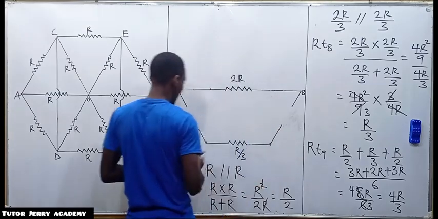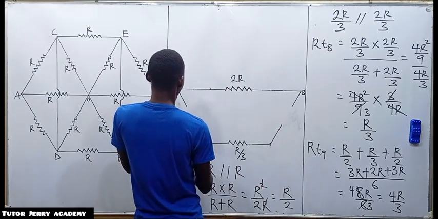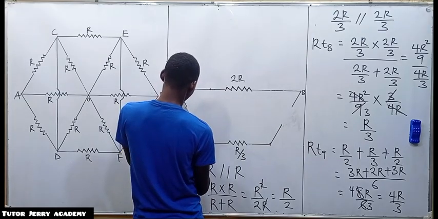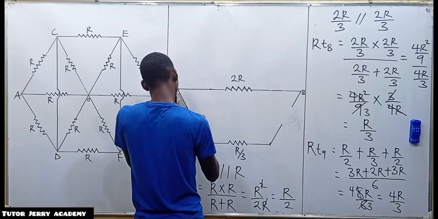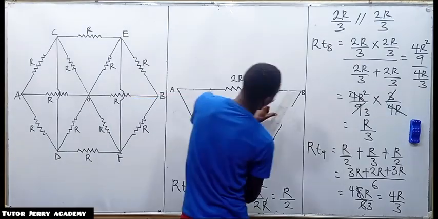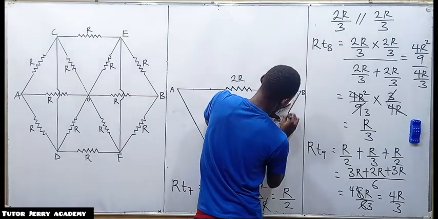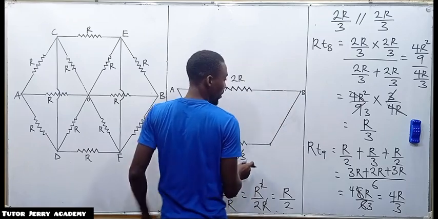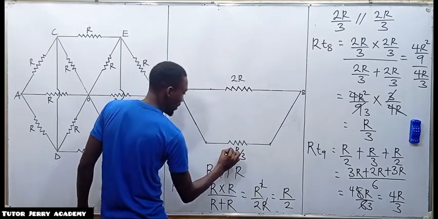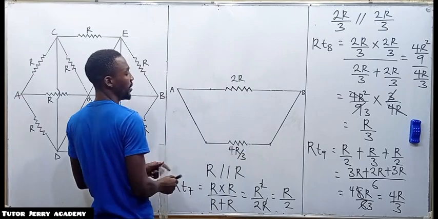All right, so that's it. So here we're going to have 4r over 3. So let's just put 4r over 3 here.